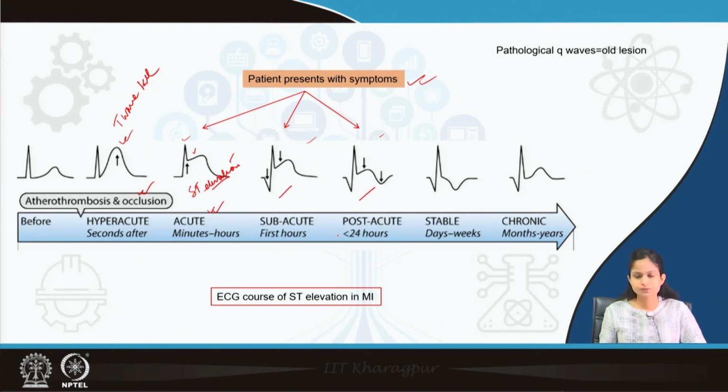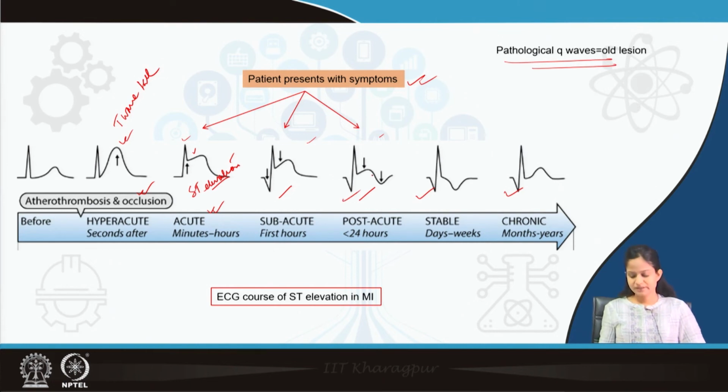Next, when the injury has occurred for some days and the progression has occurred, we tend to see pathological Q waves. Generally pathological deep Q waves we tend to see in case of an old lesion. So, here we see Q wave, here we see Q wave.